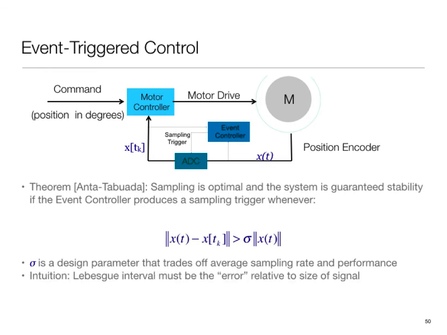I think this is like 6-7 year old work. They came up with some criterion which basically says that if the current value of the analog signal has changed significantly from the value as it was at the last time I sampled it, then I should sample it.